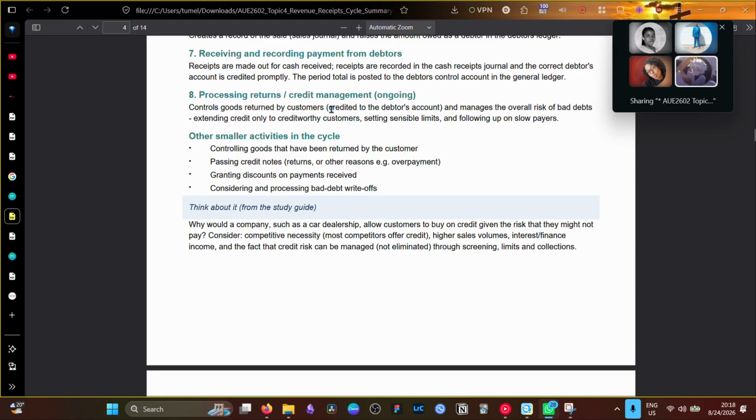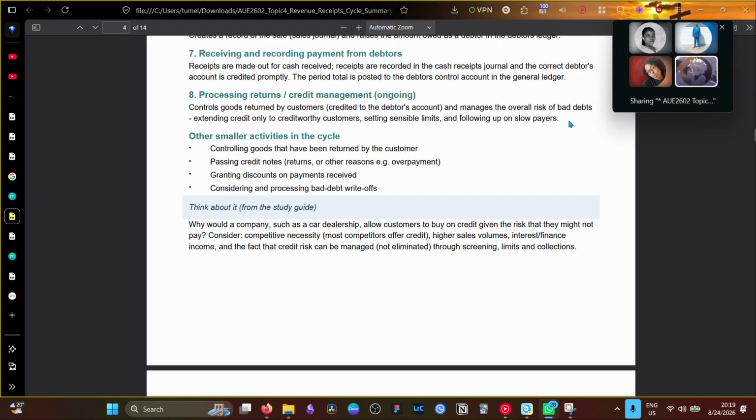This is credited to the debtor's account and manages the overall risk of bad debts, extending credit only to credit-worthy customers and setting sensible limits and following up on slow payers.